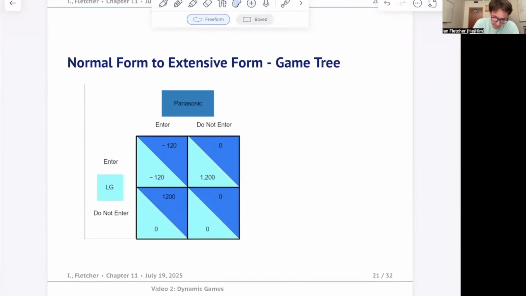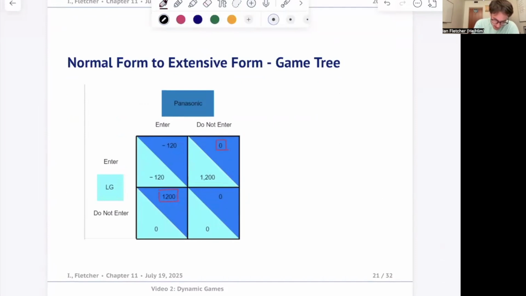If we wanted to solve this statically, let's assume that LG is not going to enter. So Panasonic should enter. If LG is going to enter, then Panasonic should not enter.